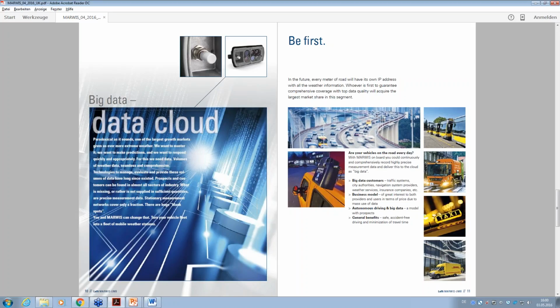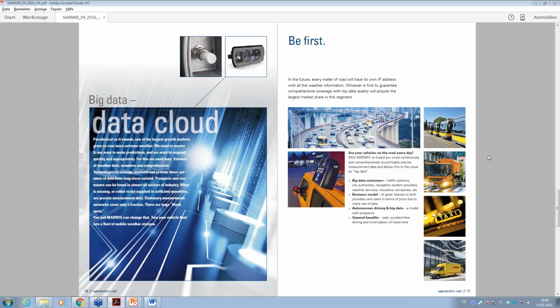Imagine if you have a fleet of mobile cars, cars which are out 24 hours per day, collecting road condition data, sending these data into a data cloud. That is a great value for decision makers. So the DOTs, Departments of Transportation, can use this information, driverless cars can use this information as well.